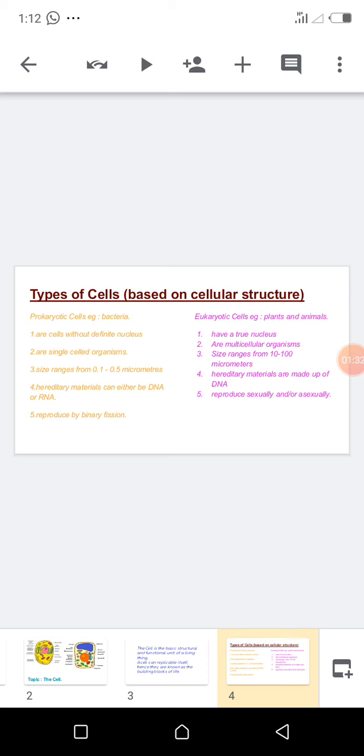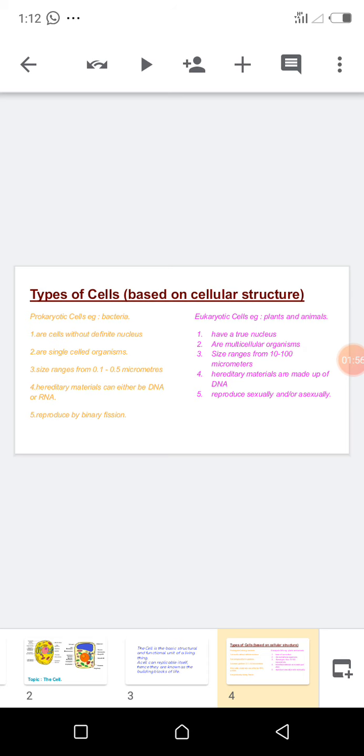They are small in size, ranging from 0.1 to 0.5 micrometers. The hereditary materials found in a prokaryotic cell can either be a DNA or an RNA. DNA meaning deoxyribonucleic acid, while RNA means ribonucleic acid.